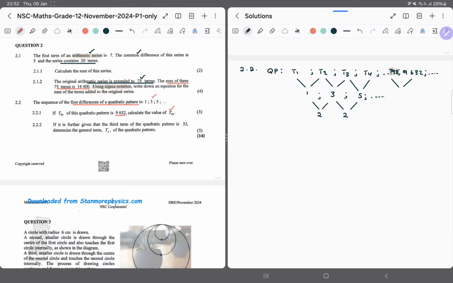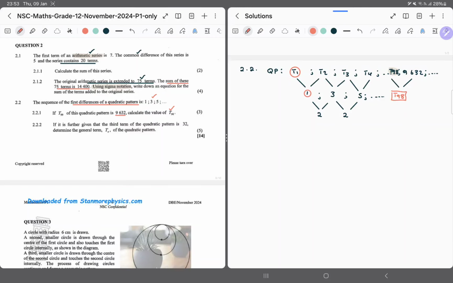So as we can appreciate, the difference between T2 and T1 correlates with the first term. So that means the difference between T99 and T98 is going to give us T98 of the first differences.